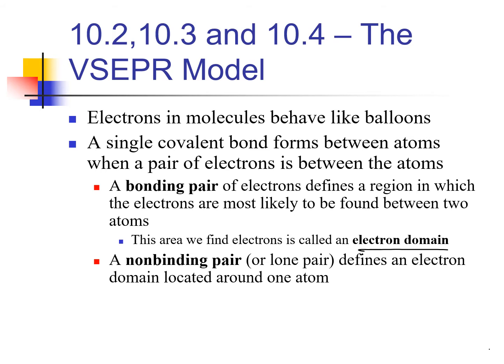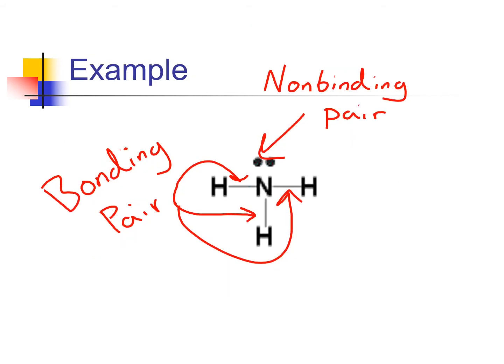Now, one thing I want to be clear: a single bond, a double bond, and a triple bond are all one electron domain, because that's one region between those two atoms where the electrons are found. So here's an example with ammonia. Ammonia has 4 electron domains.